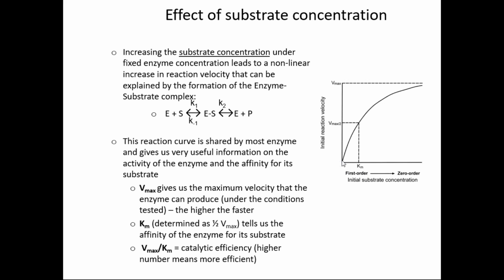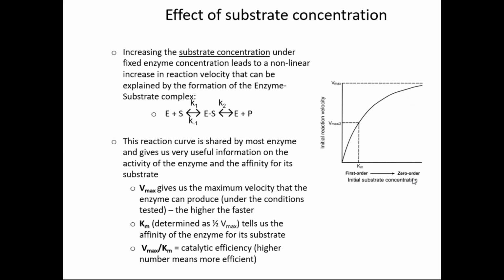Initially, as you increase the substrate concentration, the velocity increases and the product increases. However, as the substrate concentration reaches a maximum, the velocity plateaus, and however much you increase the substrate concentration, the velocity of the reaction will remain the same.